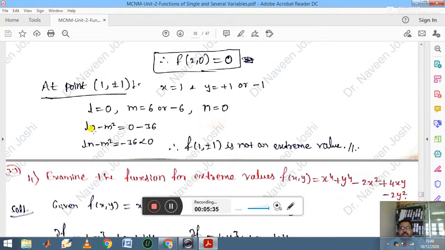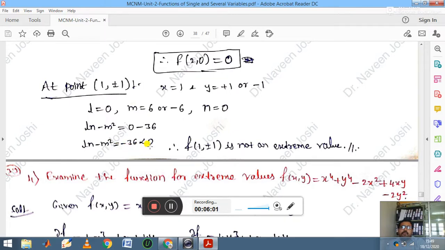Then go to the last set of points, 1 comma plus or minus 1. It means x value is 1, y values are plus 1 or minus 1. So use these values in L, M, N. So L value is 0, M value is plus 6 or minus 6, N value is 0. If you calculate LN minus M square, its value is minus 36, that is negative.